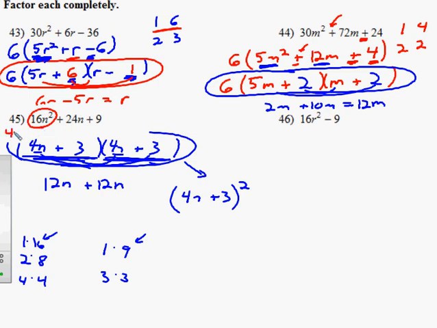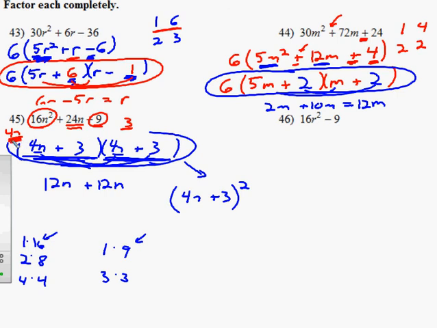That would be a 4n. And if we look at the last term and it's a perfect square, which it is, the square root is 3. And then if you multiply the 4n times the 3, which is 12n, and double it, which is 24n, and if that equals this middle term, we know it's a perfect square trinomial.